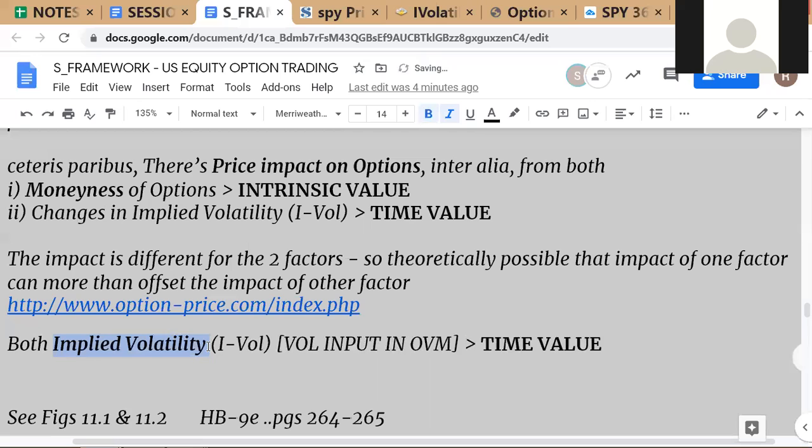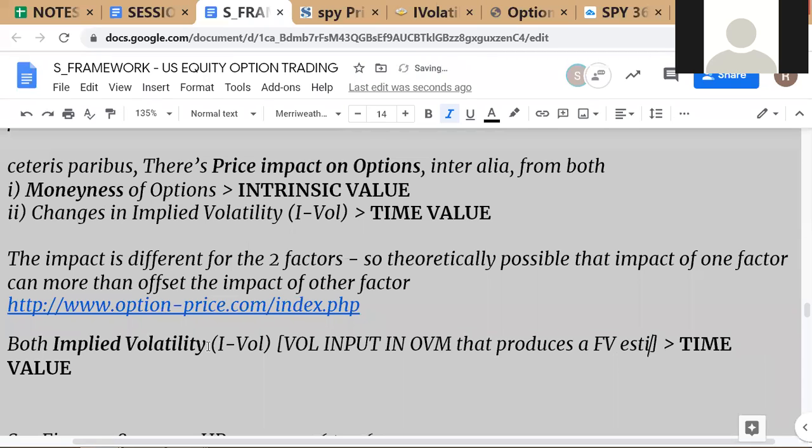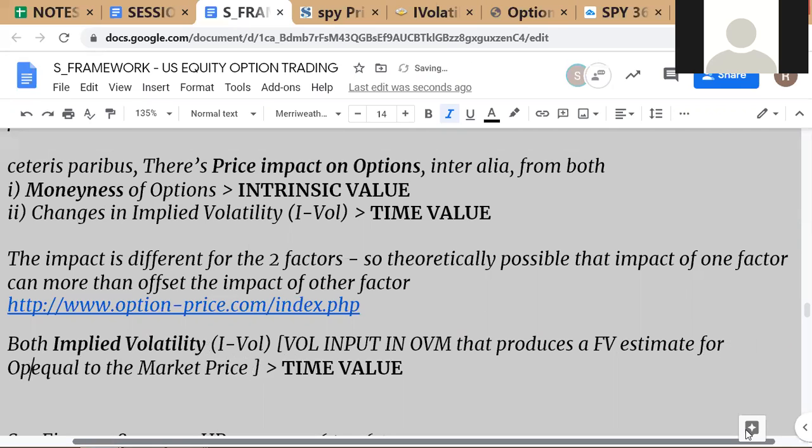Implied volatility is the vol input in the option valuation model that produces a fair value estimate for option prices equal to market prices. We're talking about prices.